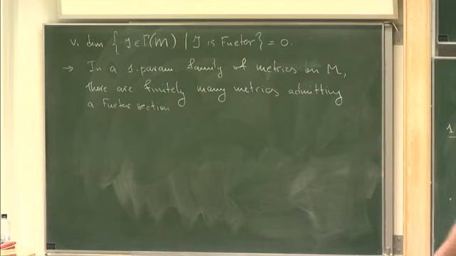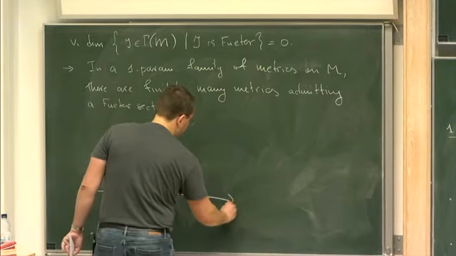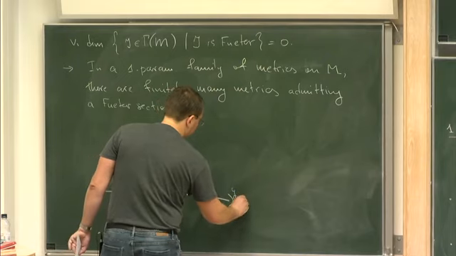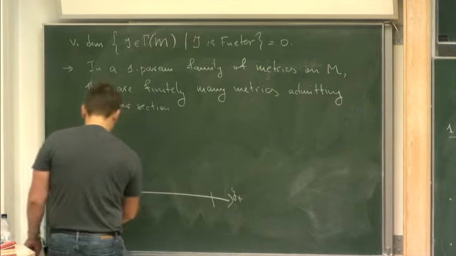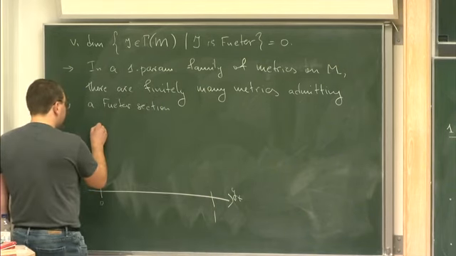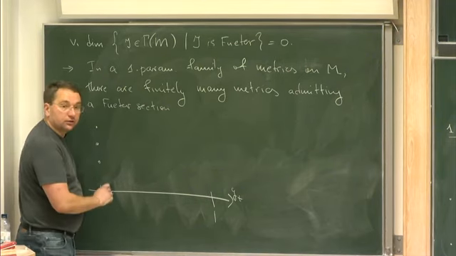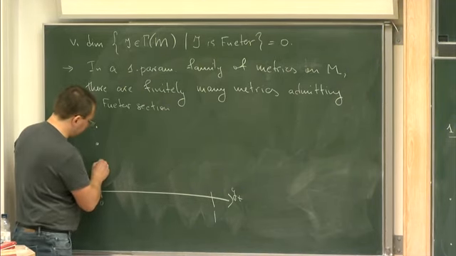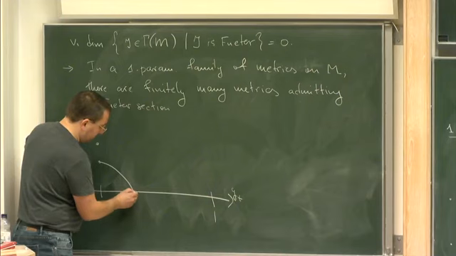And in turn, what this implies is the following. If you take a family of metrics now on your 7-dimensional manifold M, say parameterized by 0 and 1, for a generic value of t, you expect to have finitely many G2-instantons. But if you vary t, what can happen is that one of the instantons will develop a bubble.